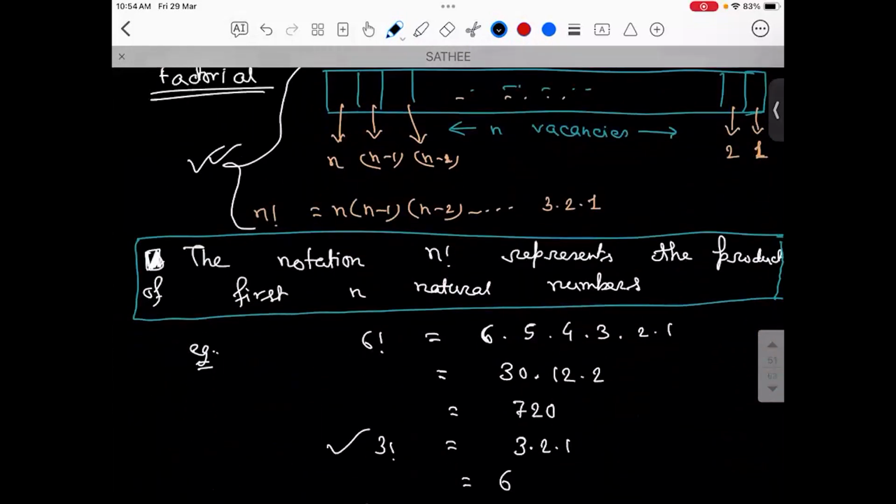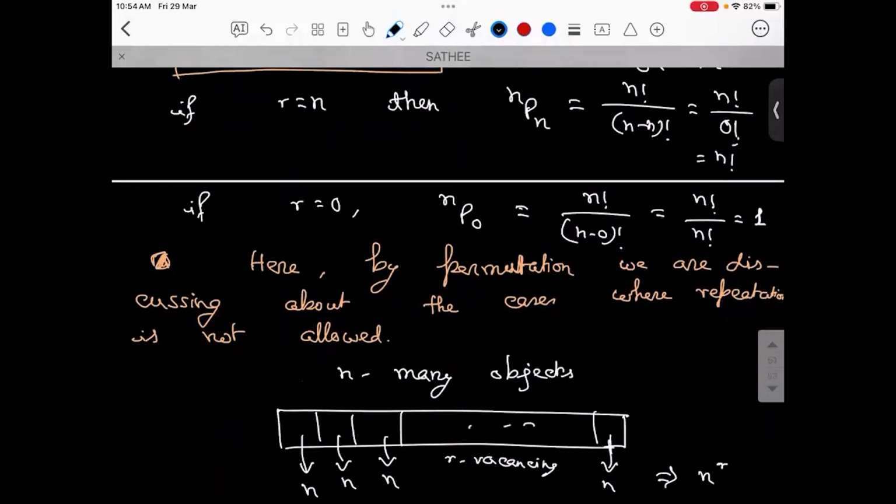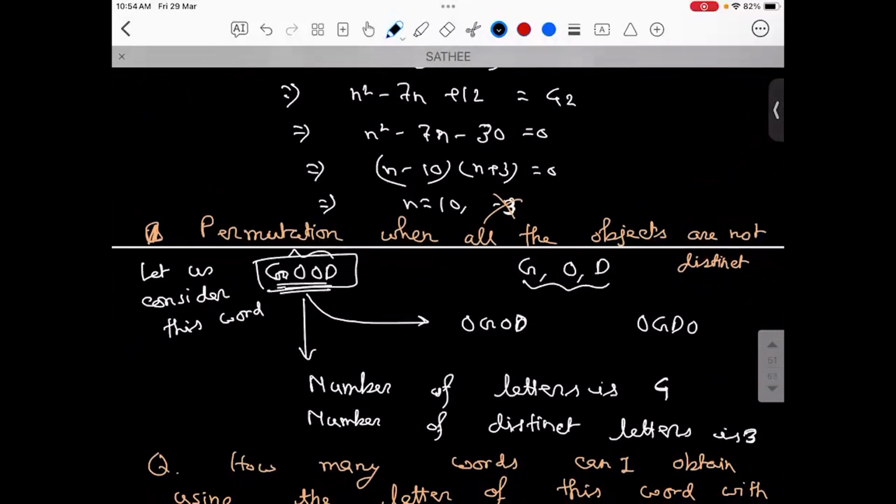After that we deduced some formulas and discussed some examples, and then we started discussing the case when all the objects are not distinct.